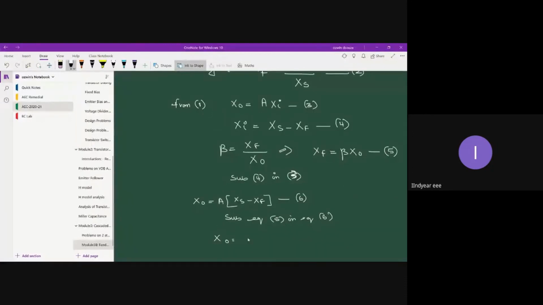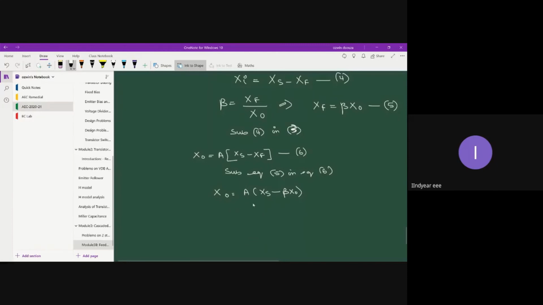So x0 is equal to A into (xs minus xf). What is xf? Beta times x0. Open up the brackets: x0 is equal to A into xs minus A beta into x0. Let us collect the like terms together.